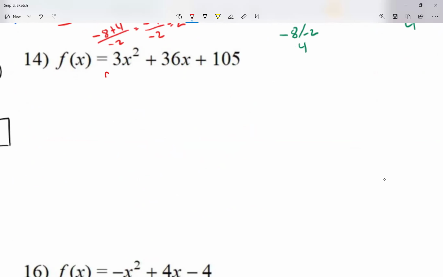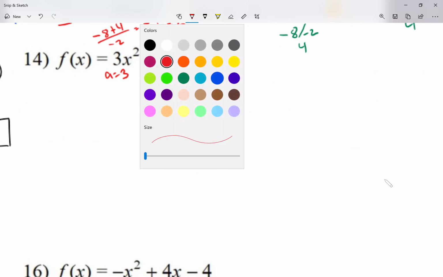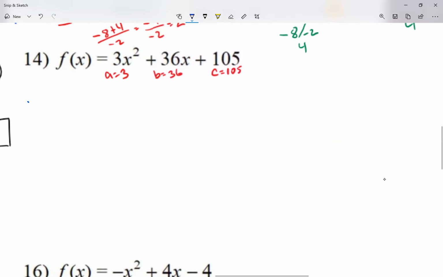My a value here is 3. My b value here is 36. My c value here is 105. So I'm going to identify my vertex first. My x value of my vertex, I remember, is negative b over 2 times a.